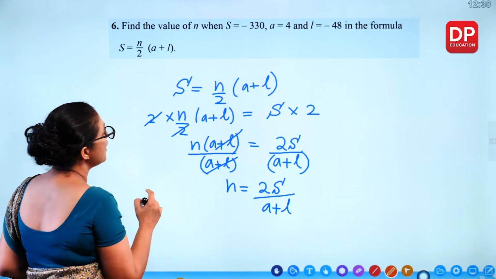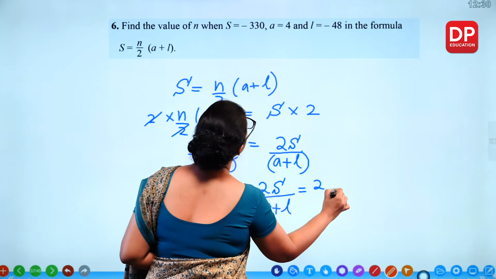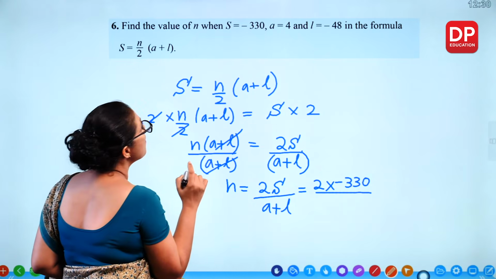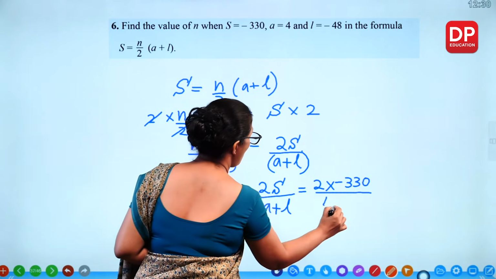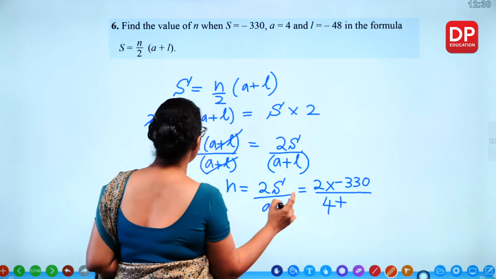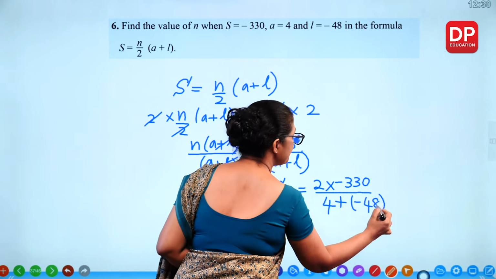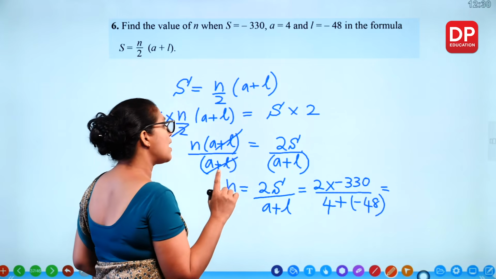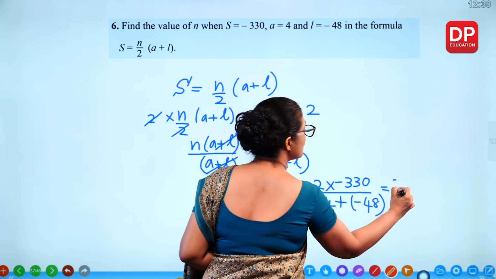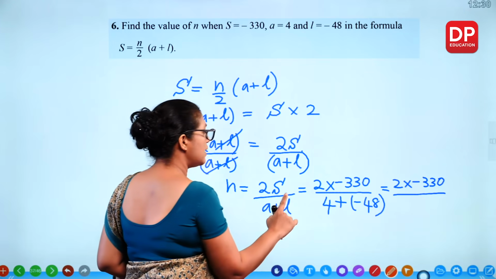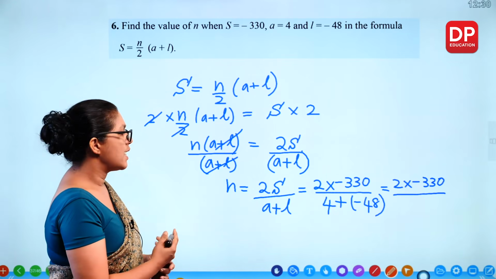Now substitute the values. 2 times minus 330 divided by, a is 4, l is minus 48, adding minus 48. 2 times minus 330 over 4 minus 48.